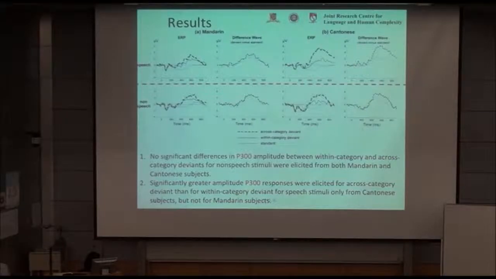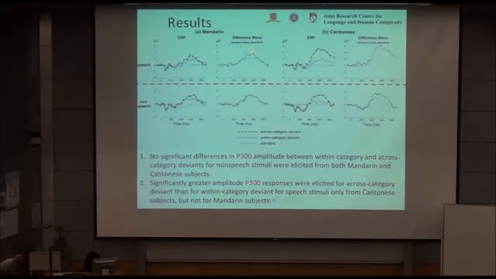We also recorded the subject's behavior response. By statistical analysis, there is no significant difference in the behavior response between these two groups of subjects. Then we look at the brain waves picked up by EEG.